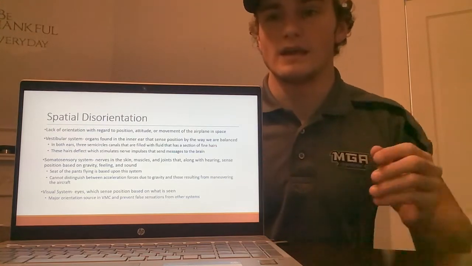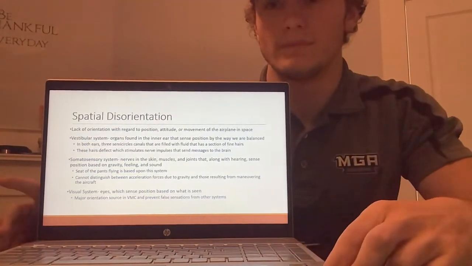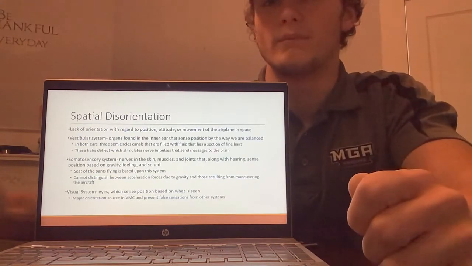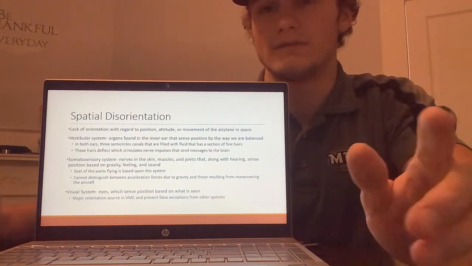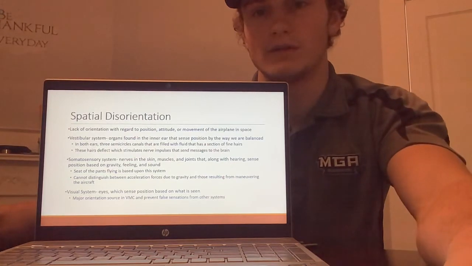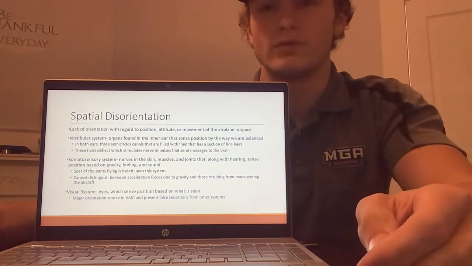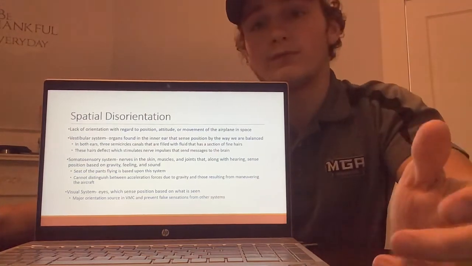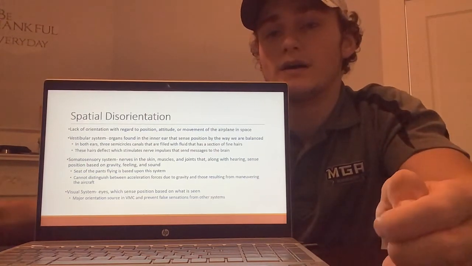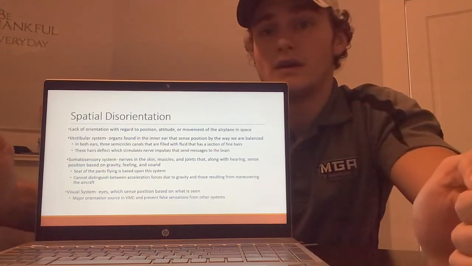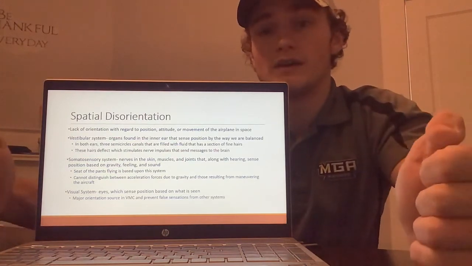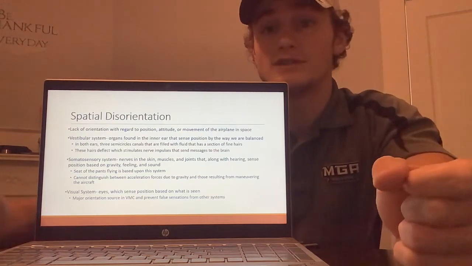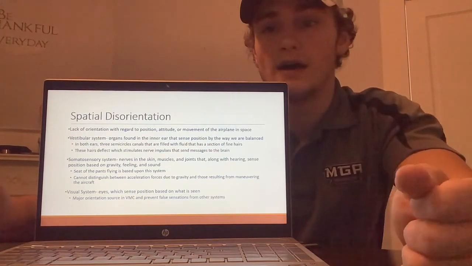We come about spatial disorientation because when we're flying in, say, VMC, visual meteorological conditions, flying visually, we have three different systems that we get our sensory input from. Our visual is the main one that we use. We're looking outside, looking for references, looking for that horizon.